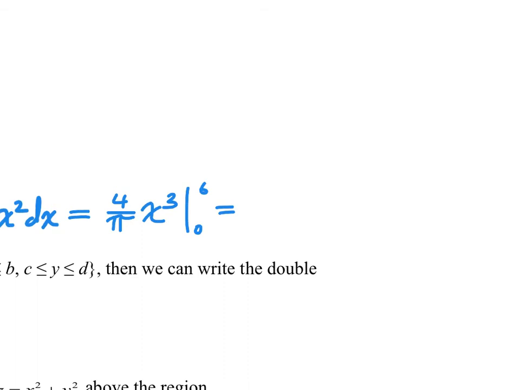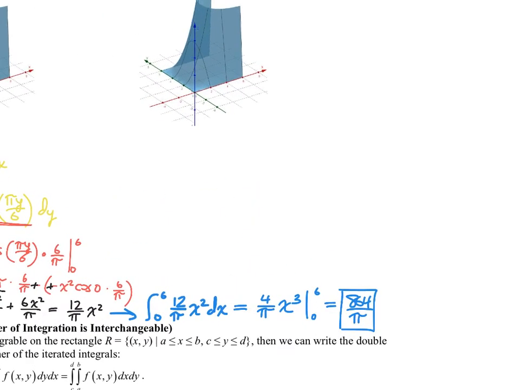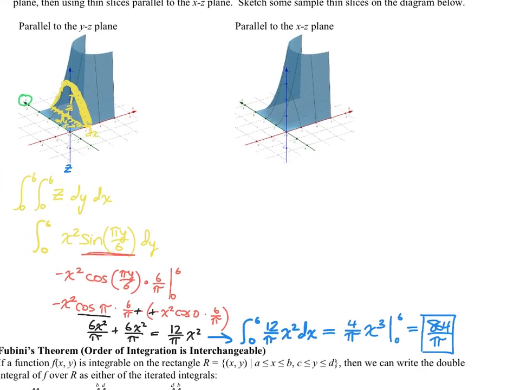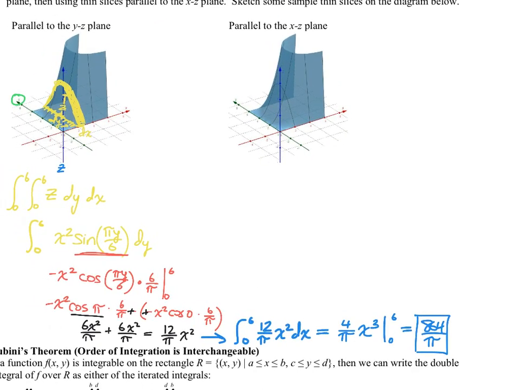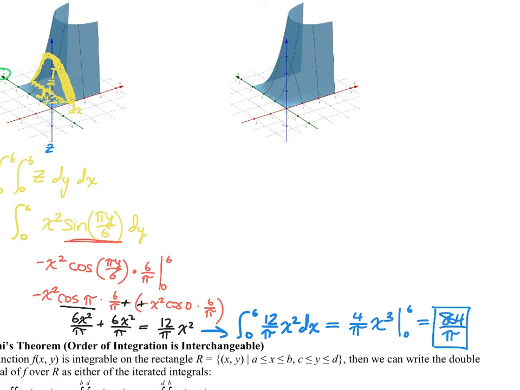So we're talking 432, 864? 864, yeah, over pi. So, a fair amount of computation, but again, that last step didn't actually have to be done by hand. It's just a matter of picking and choosing your battles. All right.